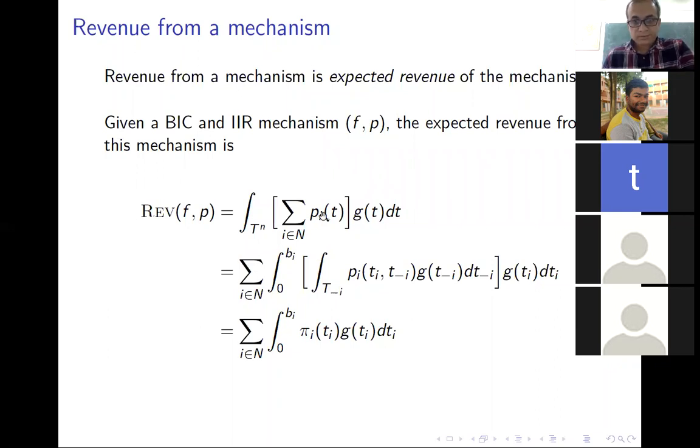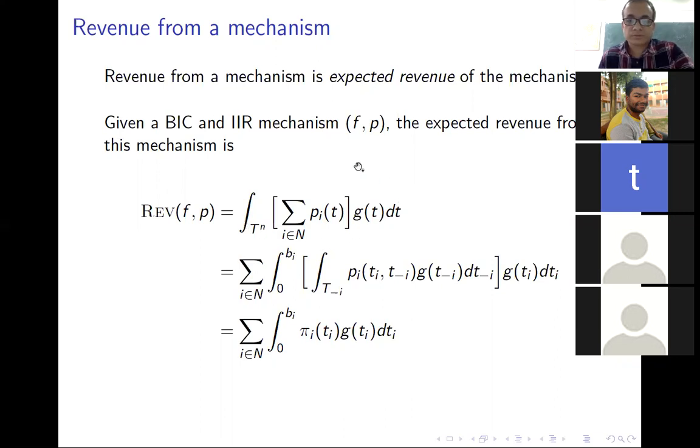What is this? At type profile t, agent i pays p_i(t), and this is the total payment that she receives from all the agents at this type profile. This is the probability with which this type profile is realized. And so this gives you the expected revenue from this mechanism.